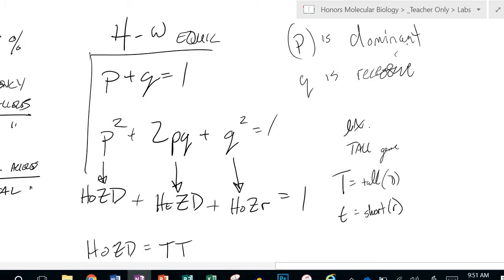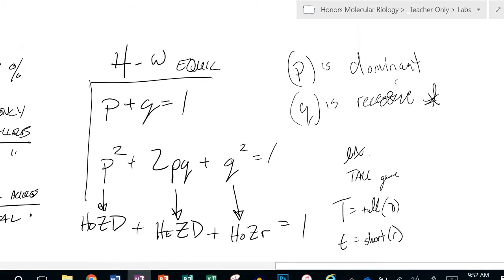All right, a couple of little rules first. When we calculate frequencies using Hardy-Weinberg, we always want to start with recessive first, because it is the one that expresses, and it might be doomed for death or have a lower frequency in the population. Why? Because when we combine dominant alleles with recessive alleles, dominant always wins out over recessive.